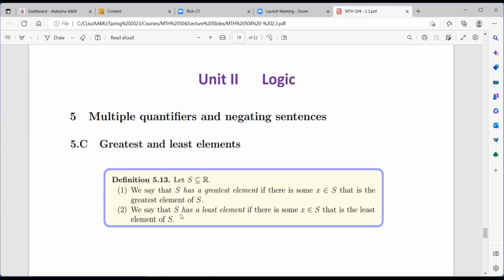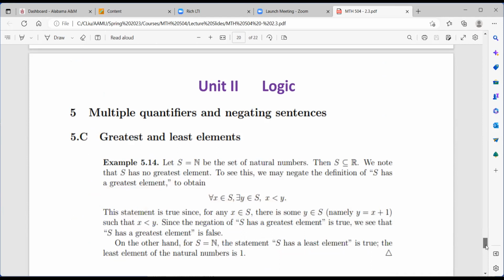And similarly, we say that S has a least element if there is some x in S that is the least element of S, all right? So just one more step from the previous definition.